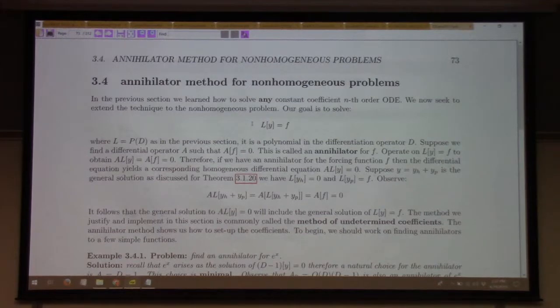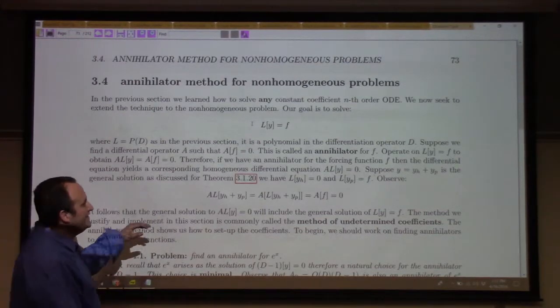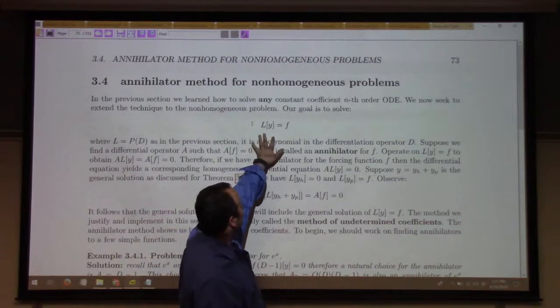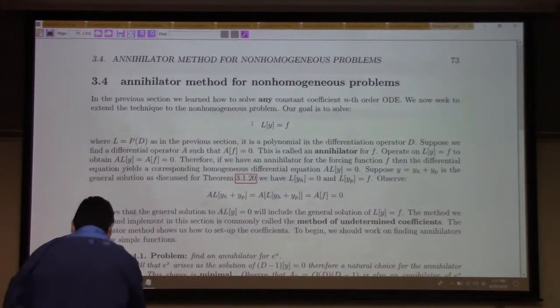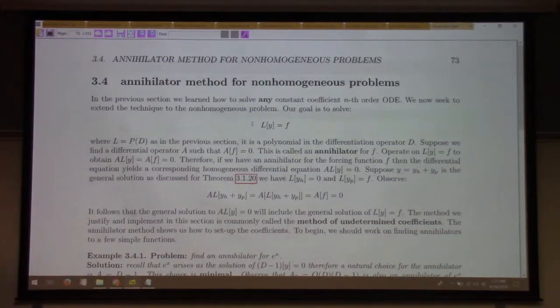So generically speaking, this is the problem you're trying to solve, all right? But this L is actually something like a_n D^n + a_{n-1} D^{n-1} + ... + a_2 D^2 + a_1 D + a_0, where D is, well, it depends on what the independent variable is, but if it's time, it would be d/dt.